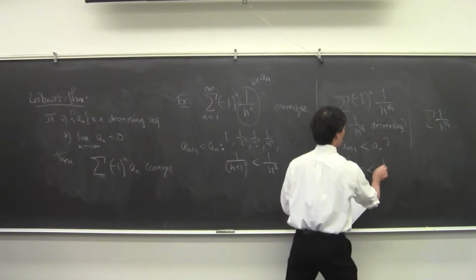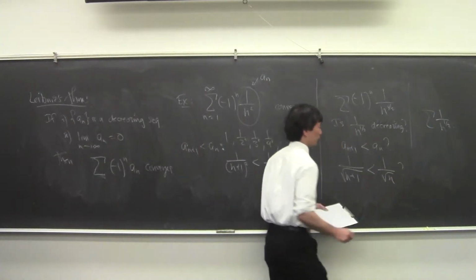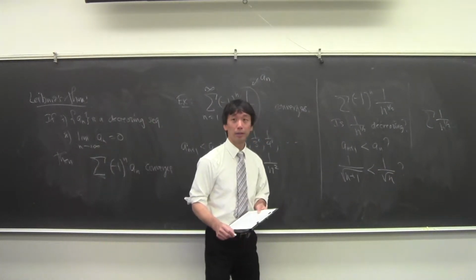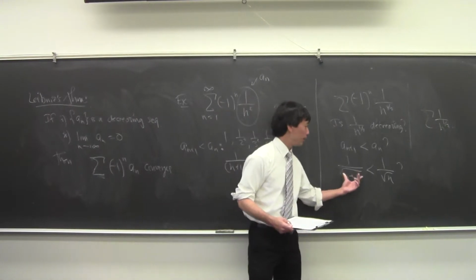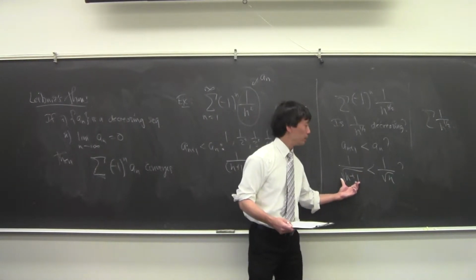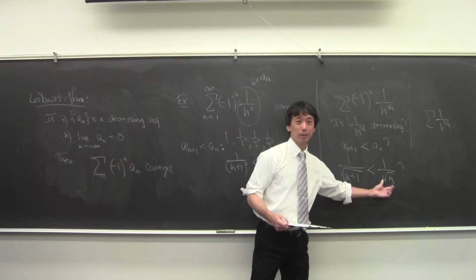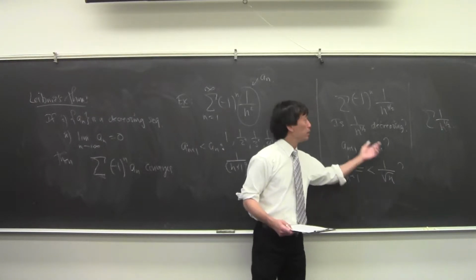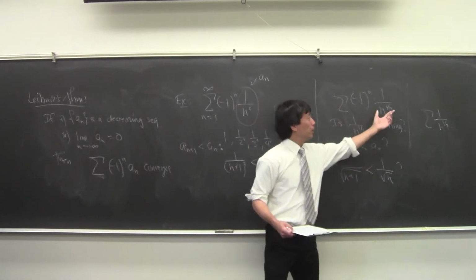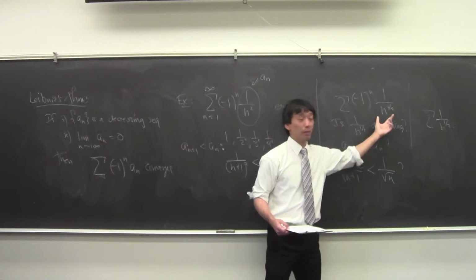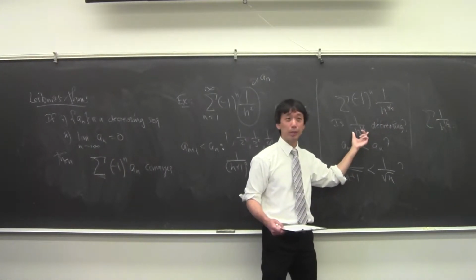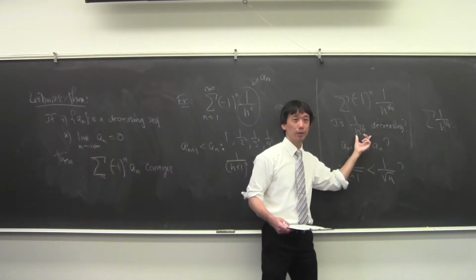Is that smaller than 1 over the square root of n? That's certainly true, because the square root of n+1 is bigger than the square root of n. So this is a decreasing sequence, and it decreases down to 0.